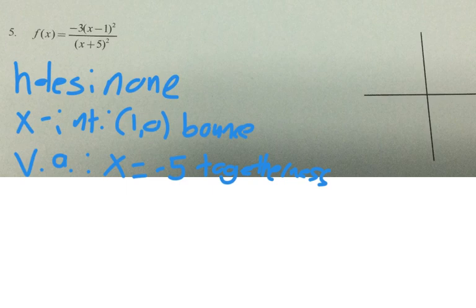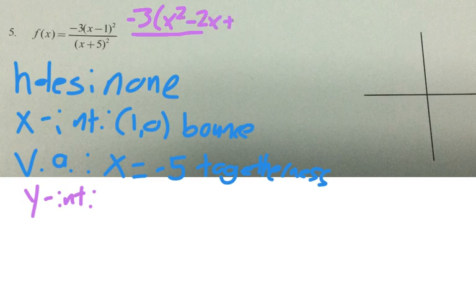All right, the next thing we could look for is the y-intercept. I think the y-intercept is easier to find when it's in standard form. So I'm going to distribute. The numerator would be -3 times x squared minus x is -2x, and then plus 1. And then I need to distribute again.